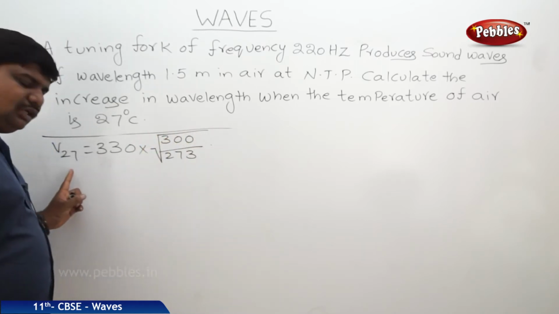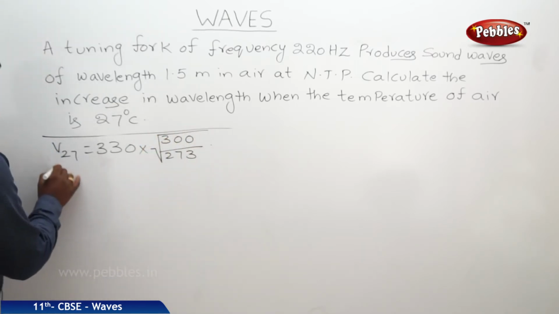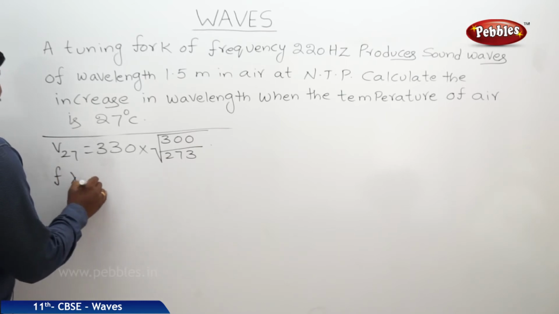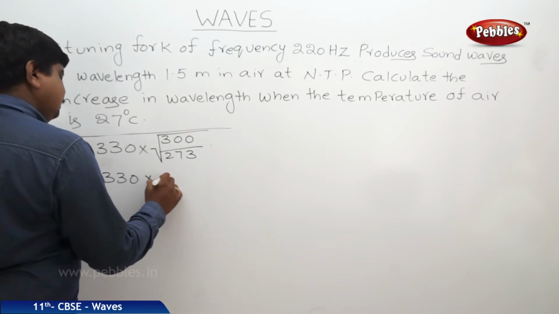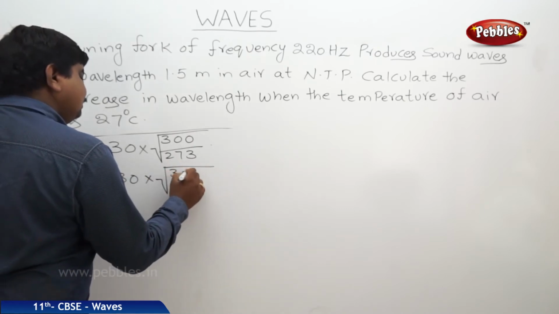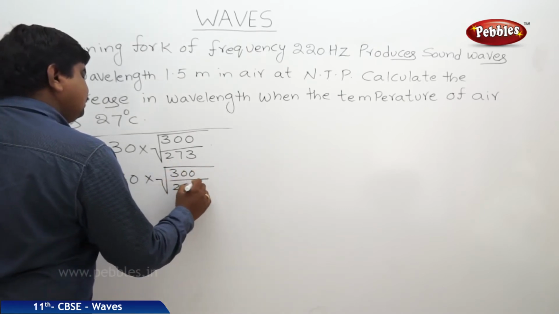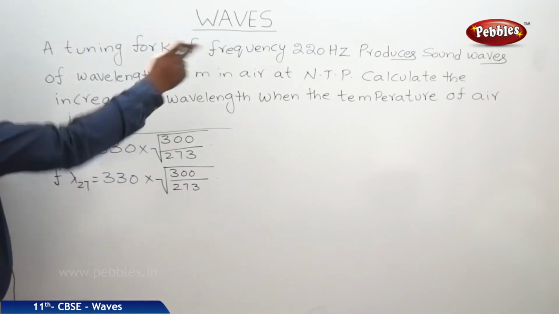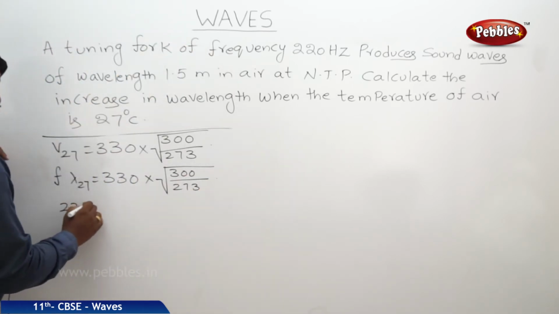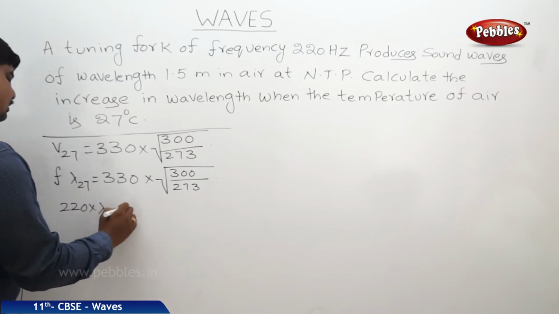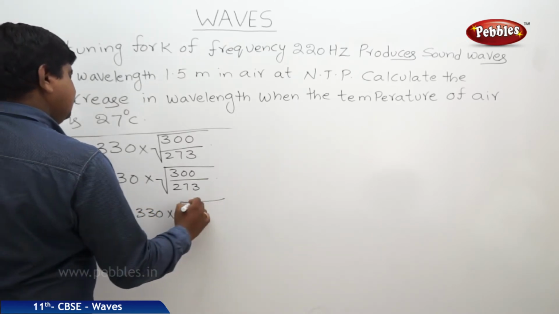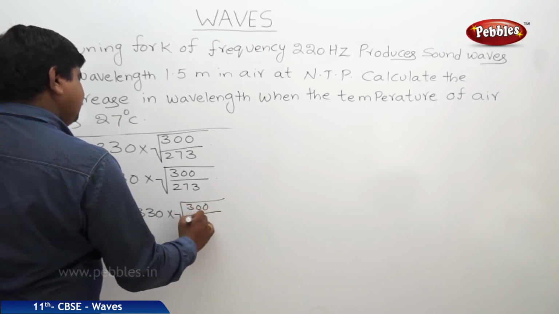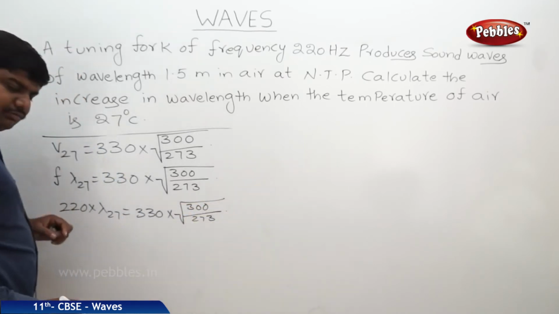We know that velocity at 27 is equal to F into lambda 27, is equal to 330 into square root of 300 by 273. What is this F? 220. 220 into lambda 27 is equal to 330 into square root of 300 by 273.